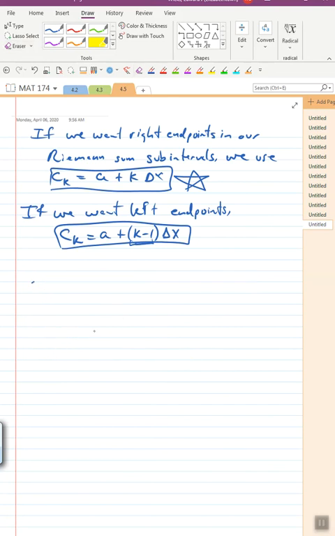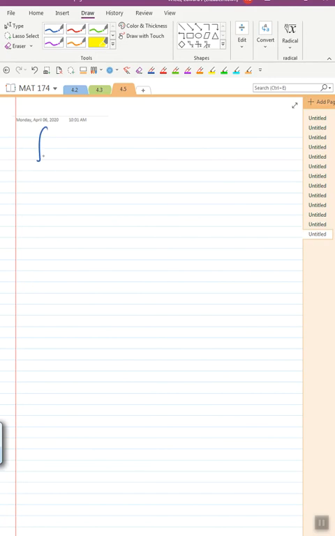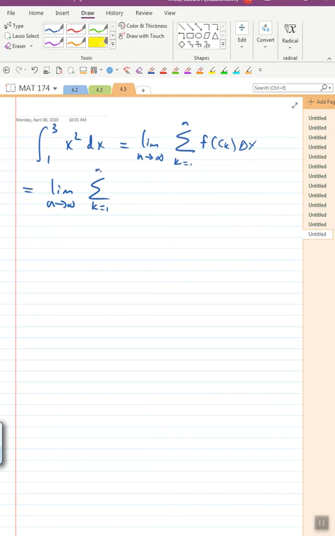We've got time to do one thorough example, and then tomorrow we can do a few more. So our integral was 1 to 3 x squared dx. And so this should be the limit as n goes to infinity, summation k equals 1 to n, f of ck delta x. Now we've got some stuff to write out for that. Okay, what's our function here?